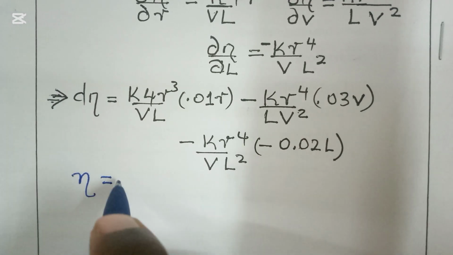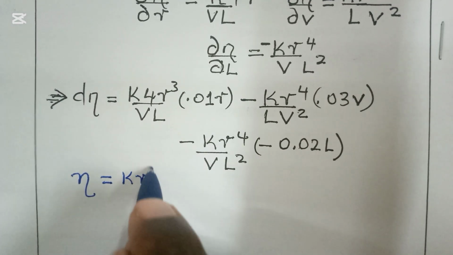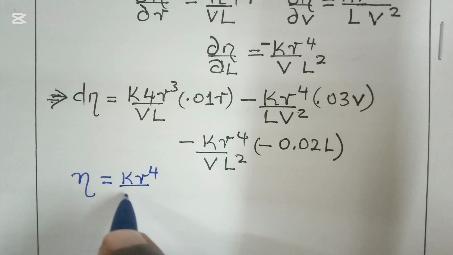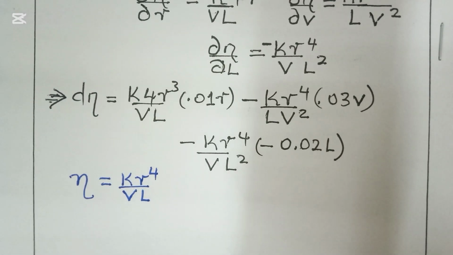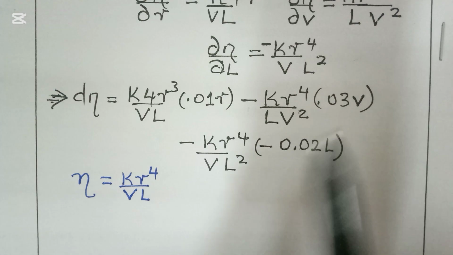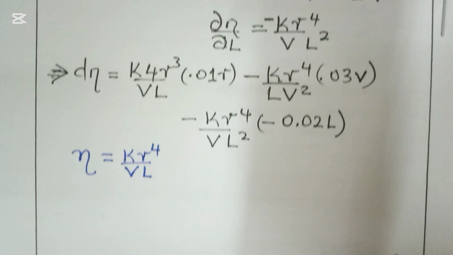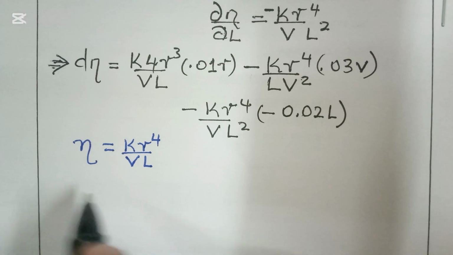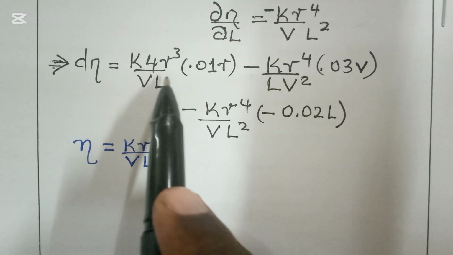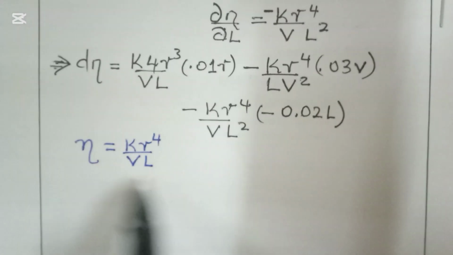Guys, from there we can use our equation eta equals K R raised to 4 all over VL. We factor that out from all of these. First of all, before we factor out, we have to modify each one of these to have this.